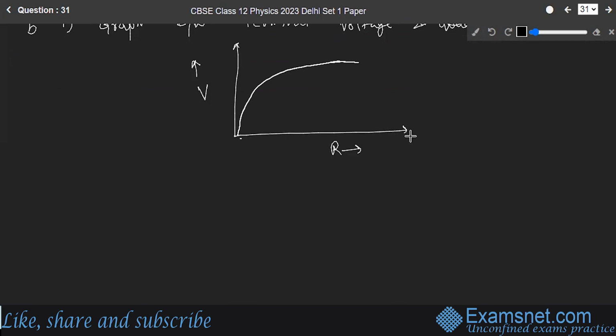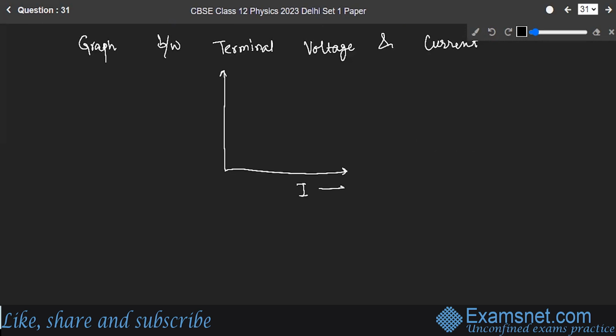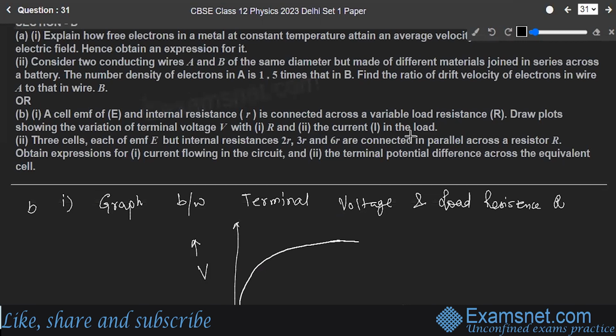So graph between terminal voltage and current, let's make the graph between current and terminal voltage. So here is your I, here is your terminal voltage. This graph goes like this, right?